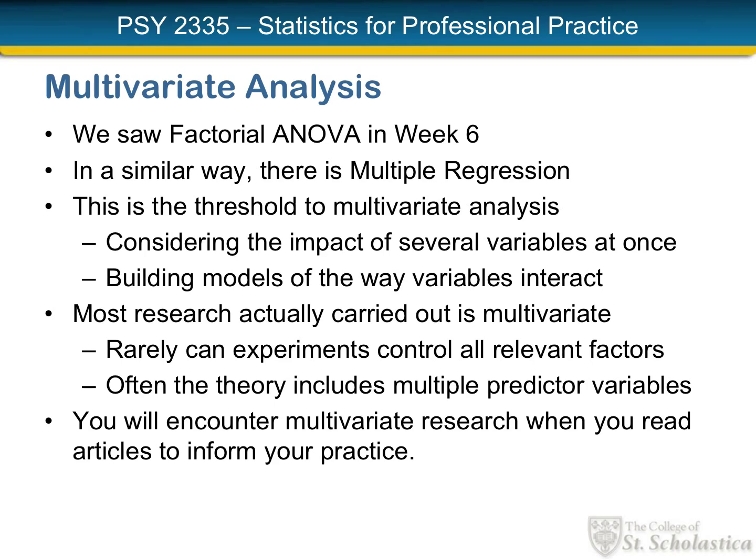In analysis of variance, we also got interaction effects computed automatically. In multiple regression, we're testing for one variable controlling for the impact of other variables, but we would have to explicitly put in the interaction effects.